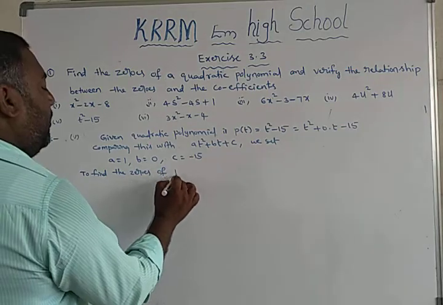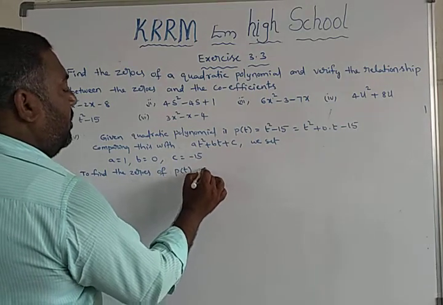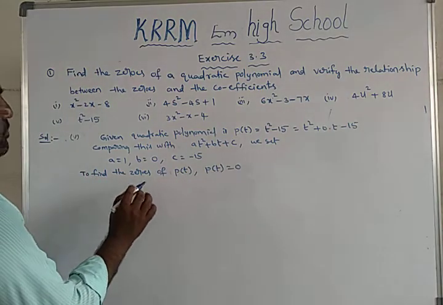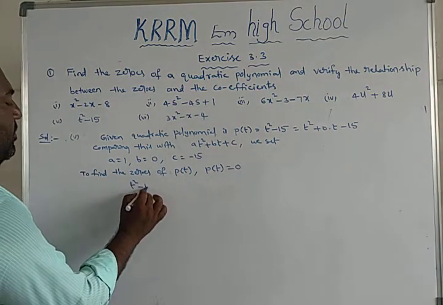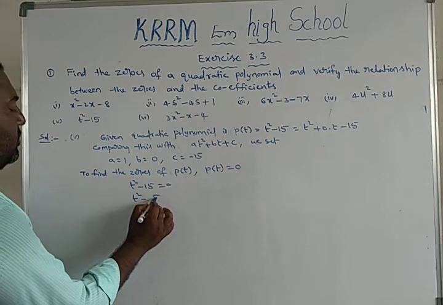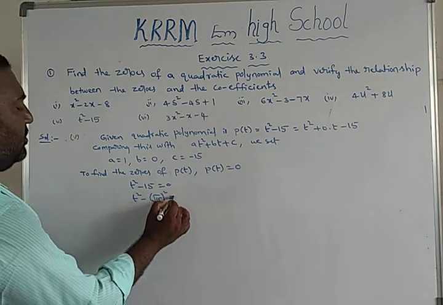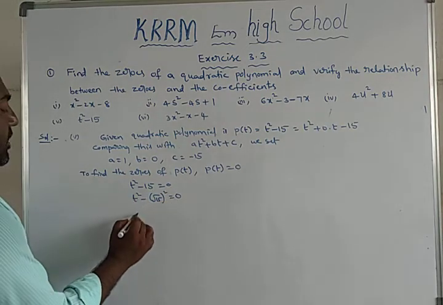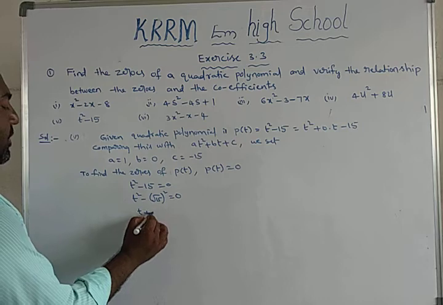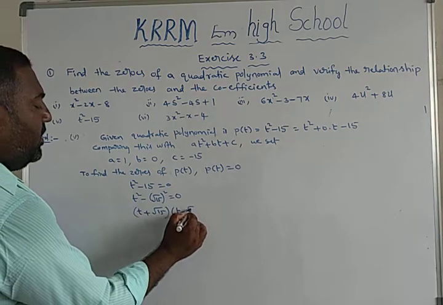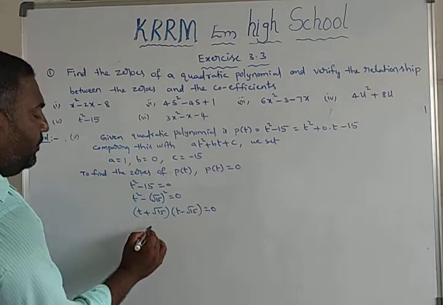To find zeros of p of t, take p of t is equal to 0. So t square minus 15 equal to 0. This can be written as t square minus root 15 whole square is equal to 0. It is in the form of a square minus b square, which can be written as a plus b into a minus b, equal to 0.